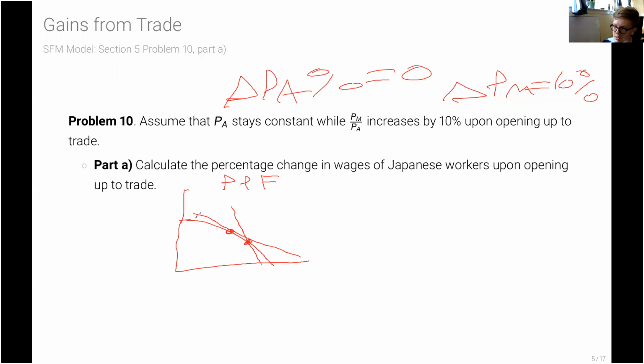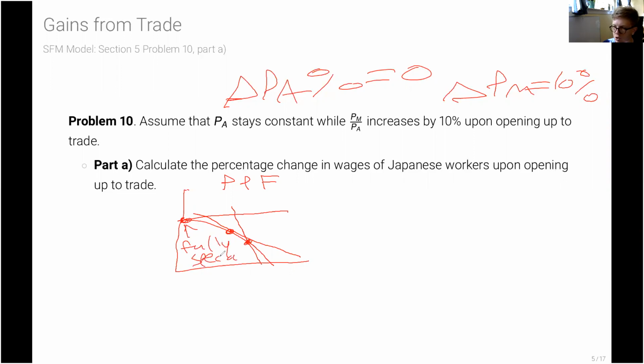It's going to take a really high price ratio. So one good is going to really need to be relatively much more expensive than the other in order for us to be fully specialized, which is at a point like here.